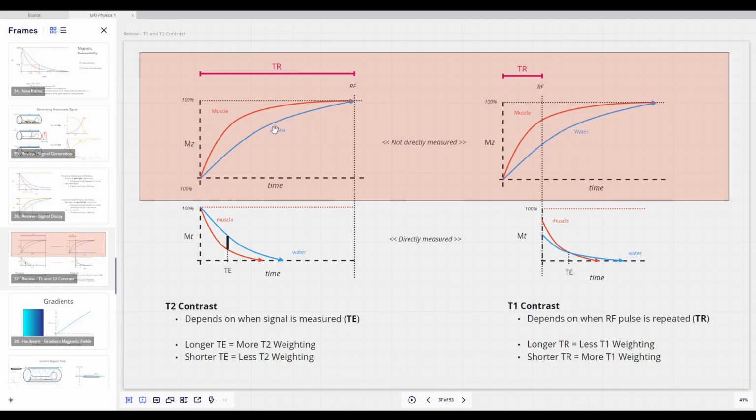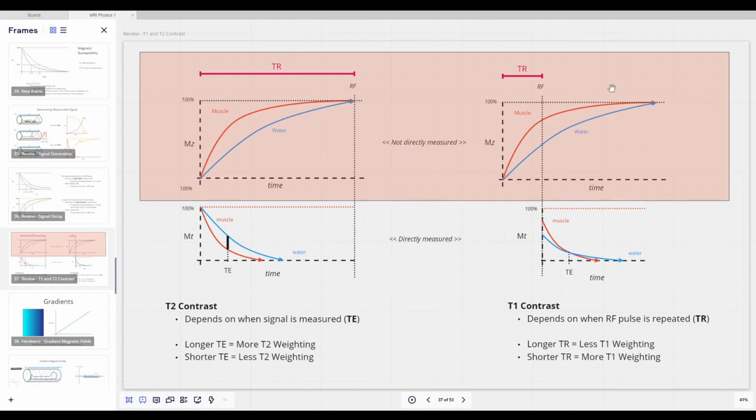There's no difference between the muscle and the water here. So when you apply your RF pulse and knock this whole thing down to 0, this goes all the way up to the top, and it's just going to decay like we've been talking about. Then you measure your signal at some time to echo, some TE, and wherever you choose to do that, the difference in those curves is your contrast.